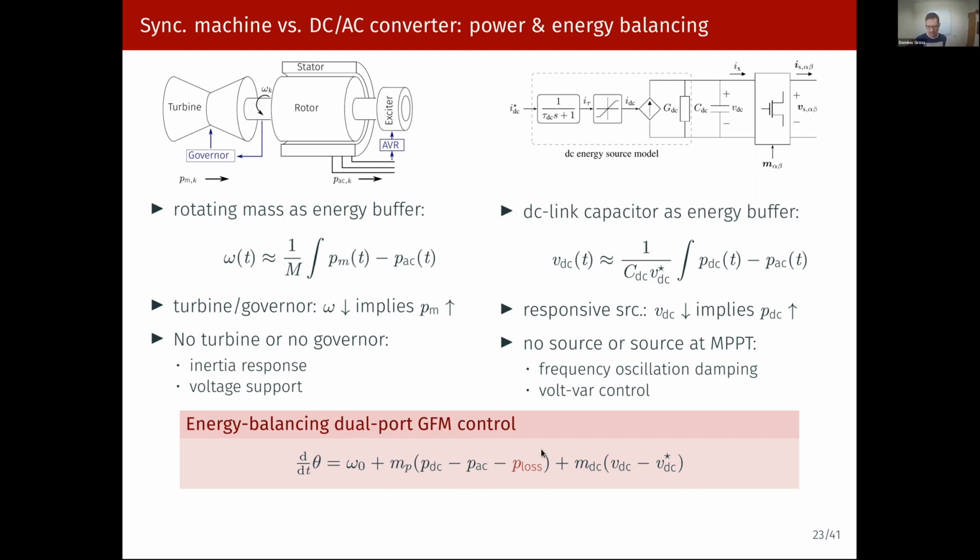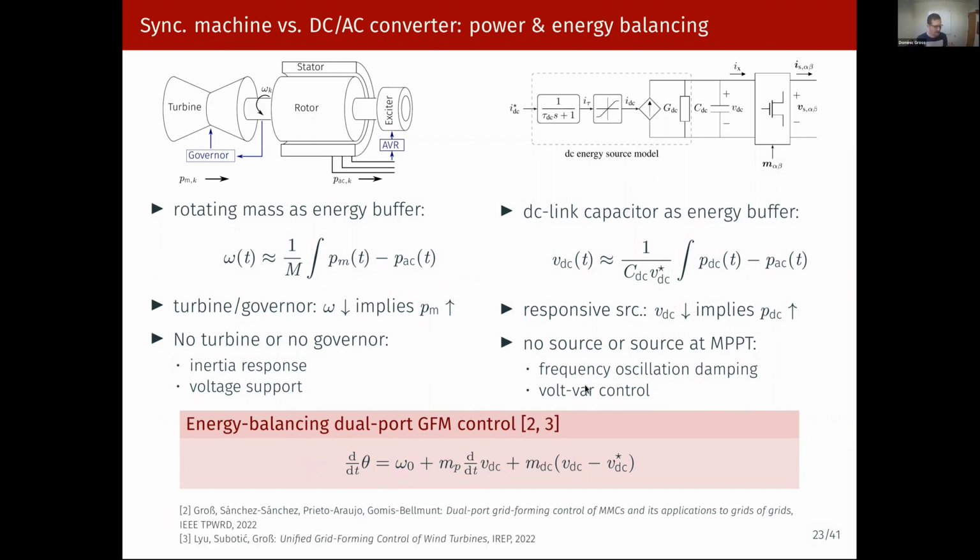Or actually, if you look at this here, you see that the integral of the mismatch between the power being generated on the DC side and what I'm injecting on the AC side is actually the DC voltage. So I could also replace this whole thing here with the derivative of the DC voltage. These all have slightly different properties, and I don't really want to go into the details for each and every one of them. You can look it up in these papers here.